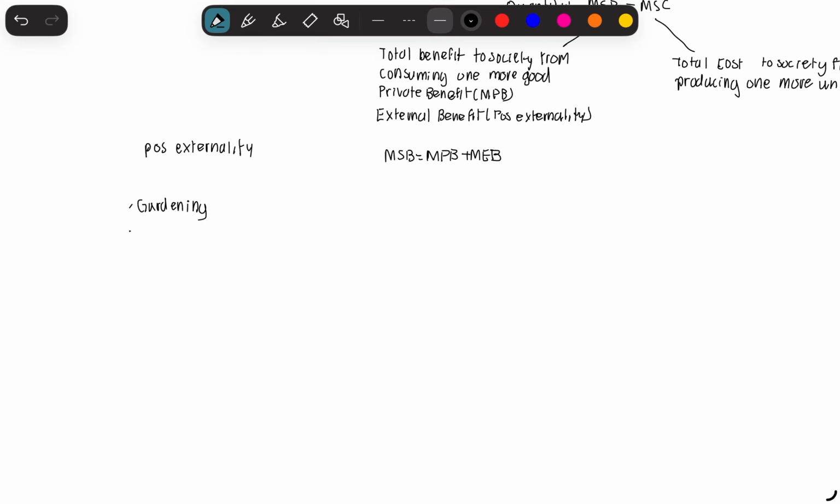Positive externalities was gardening, vaccination, and also education, but it will lead to market failure.